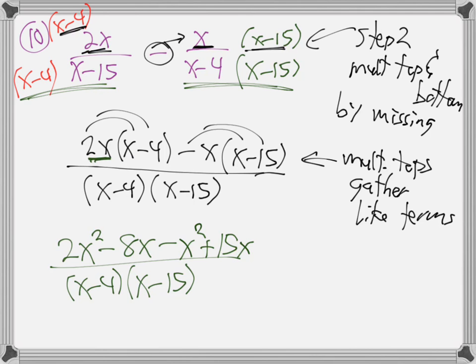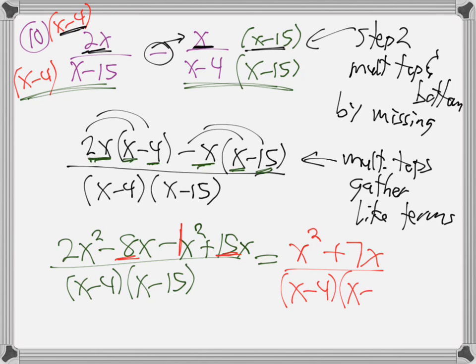So that 2x went to x and minus 4. And then minus x went to x and minus 15. And then, let's finish it from here. 2x squared minus 1x squared is x squared. Minus 8x plus 15x is plus 7x. Over x minus 4, x minus 15, done.